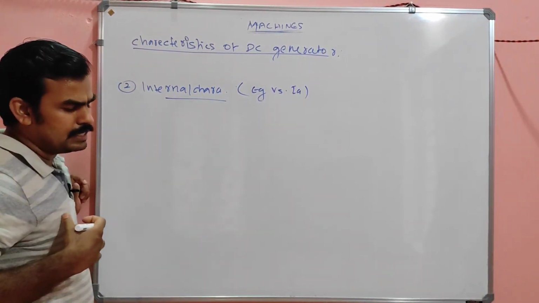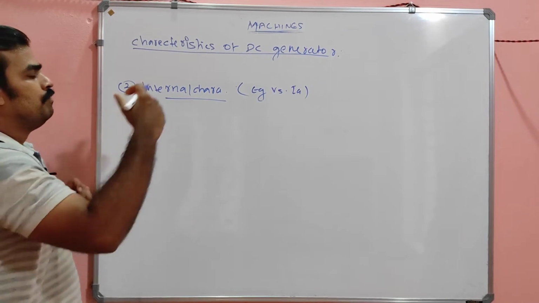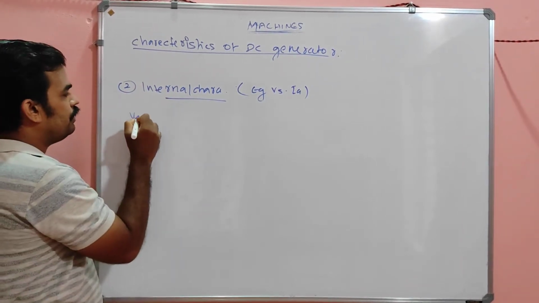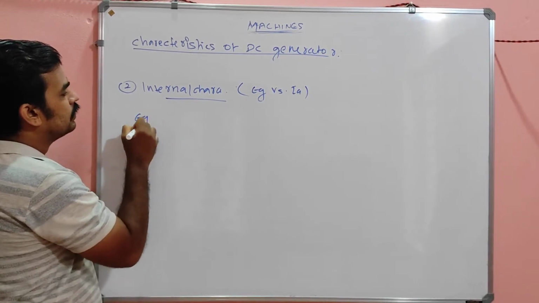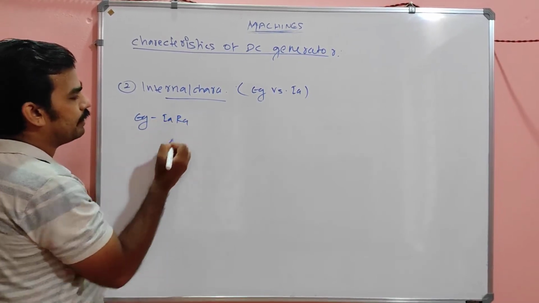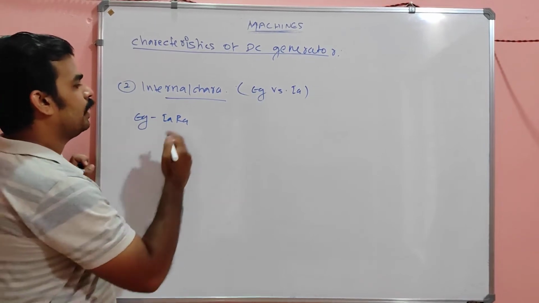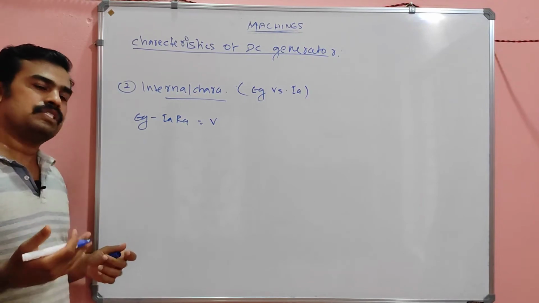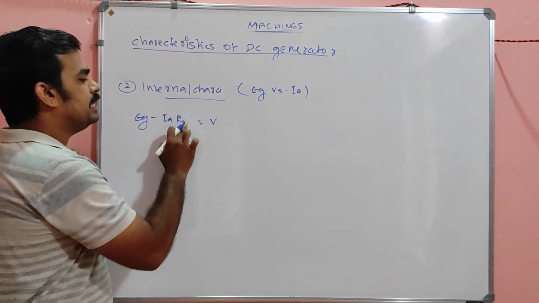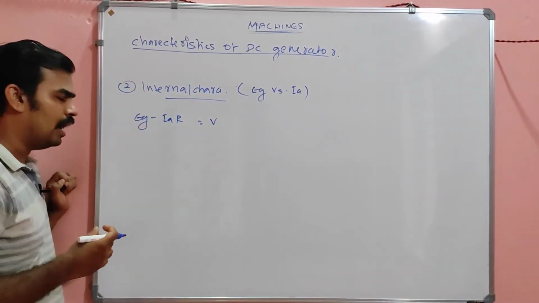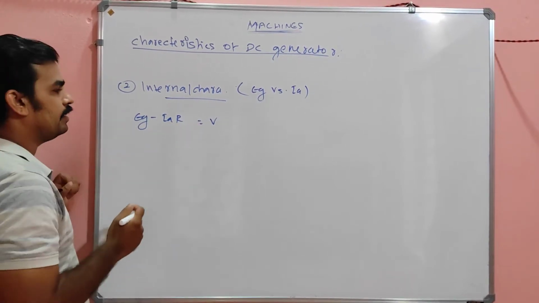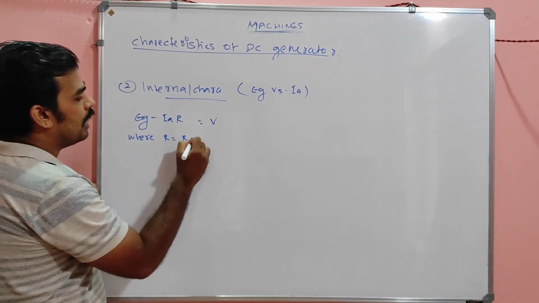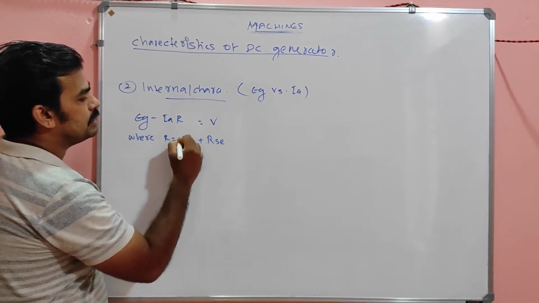Listen, my dears. We have the basic relationship of the generator: Eg minus Ia Ra equals V. For a series generator, simply Eg minus Ia into R equals V, where R is the armature resistance plus the series resistance.